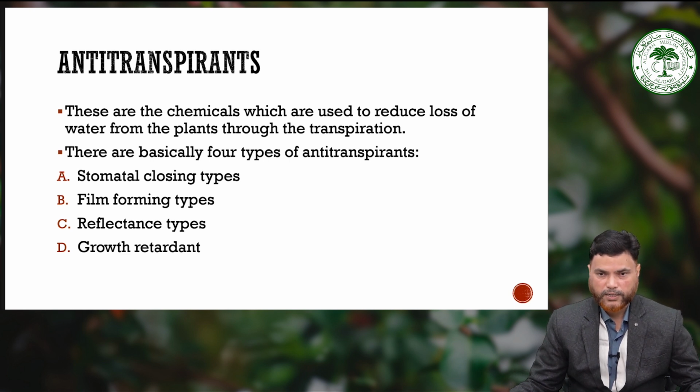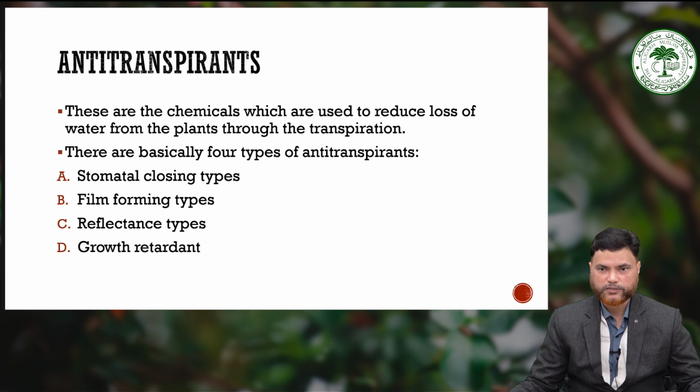The next category of antitranspirants is film forming types. Basically, such antitranspirants form a coating on the surface of the leaves and block the stomatal pores, which results in reducing the rate of transpiration.